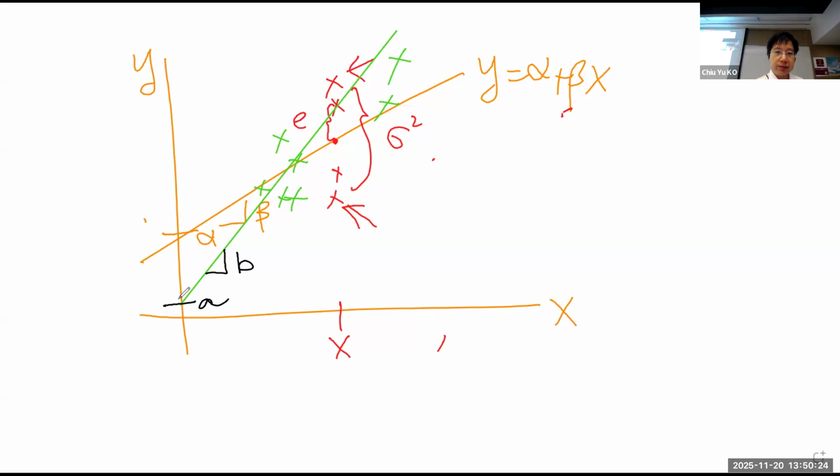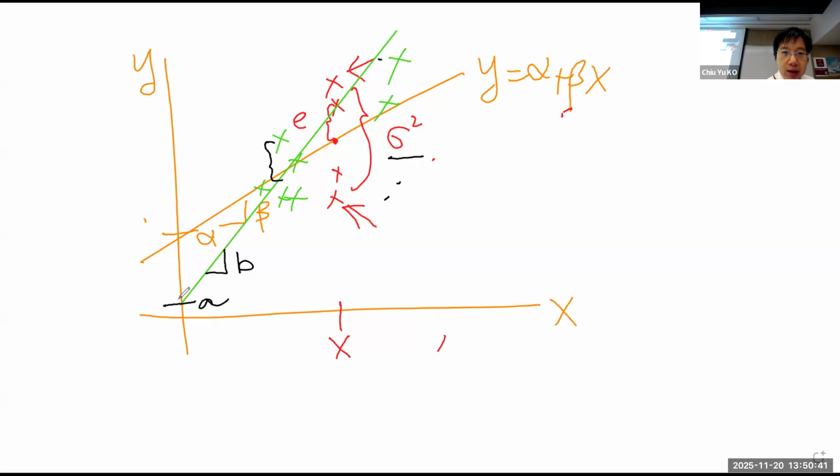And of course, what we want to know is this sigma. We don't know it, but we can estimate it by estimating these guys.